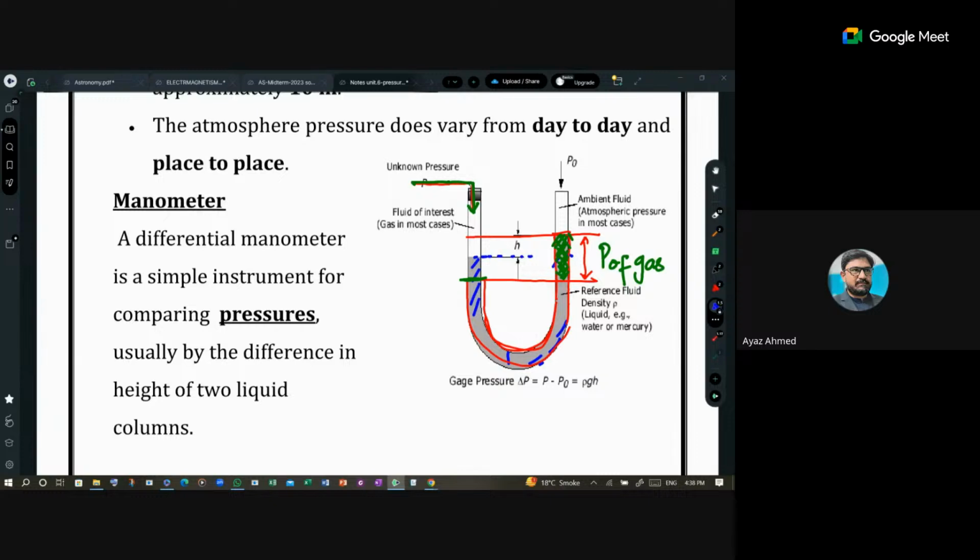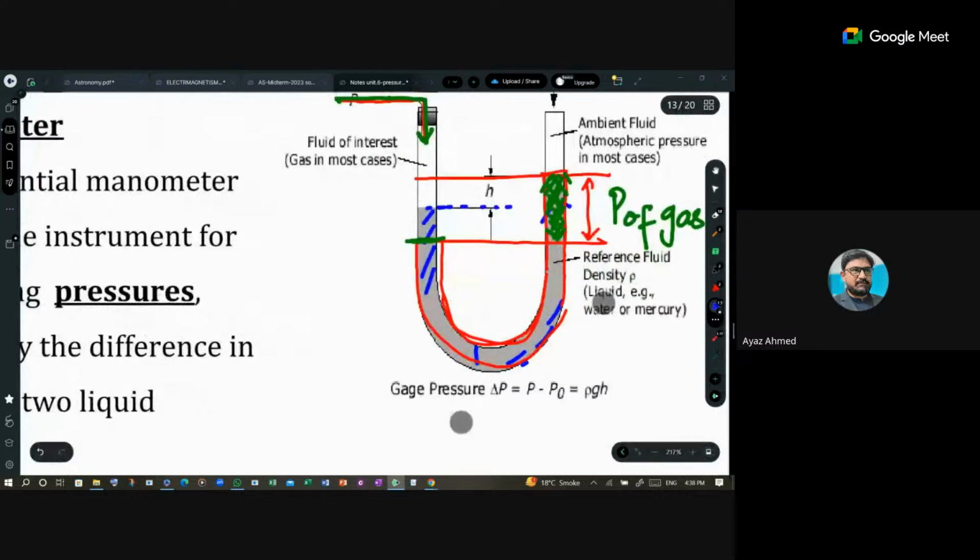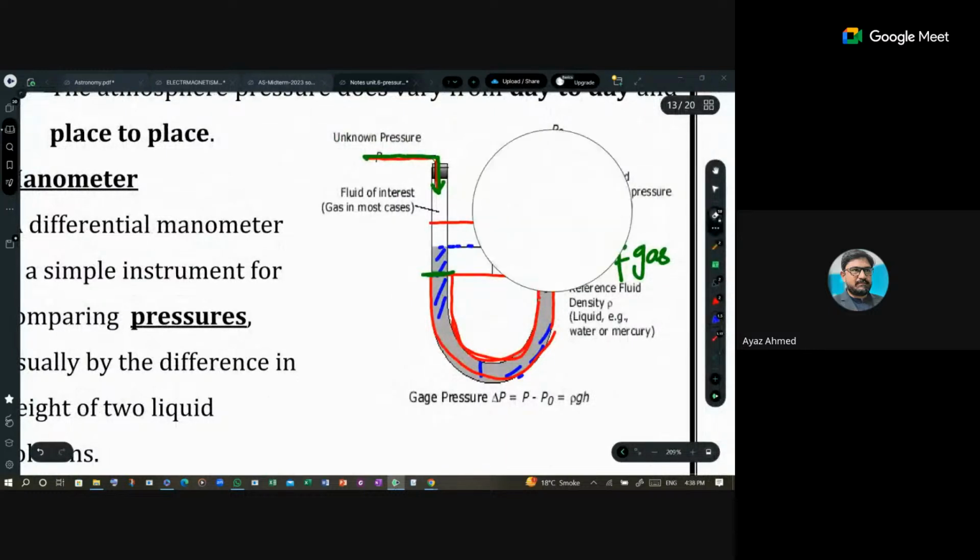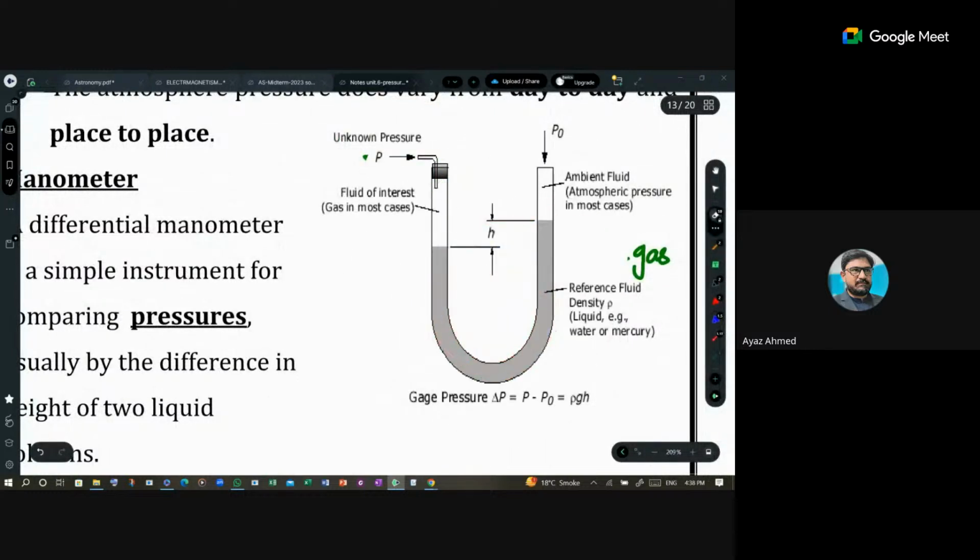What do we call it? That is your manometer. A manometer is just a U-shaped tube, and it is very simple to understand that from this level to this level, because the liquid, mercury, is the same in both columns, only this height is making a difference of pressure.